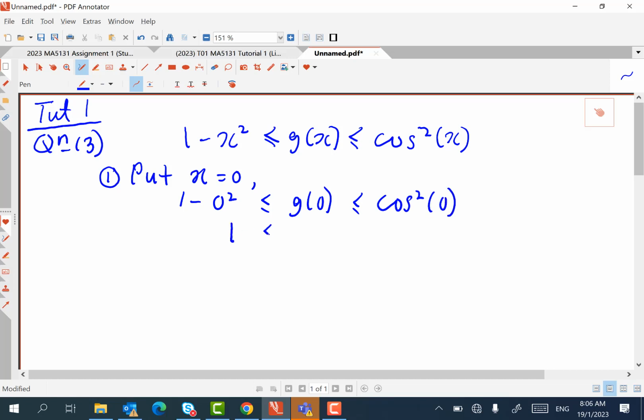So that gives you 1 less than or equal to g(0) less than or equal to 1. Therefore g(0) must be 1, which is well defined.